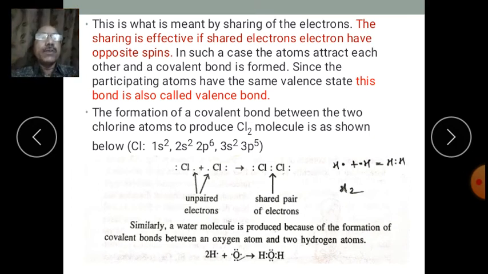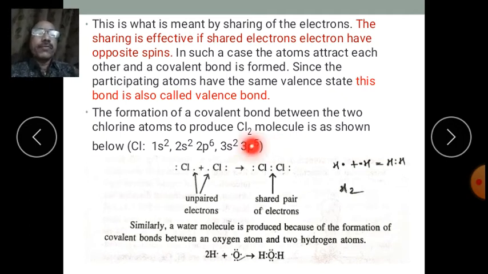The formation of a covalent bond between two chlorine atoms to produce a chlorine molecule is shown in the figure. The electronic configuration of chlorine is again shown here. We have seen it in the previous article. In order to complete the octet, chlorine requires 8 electrons in the third orbit, isn't it?